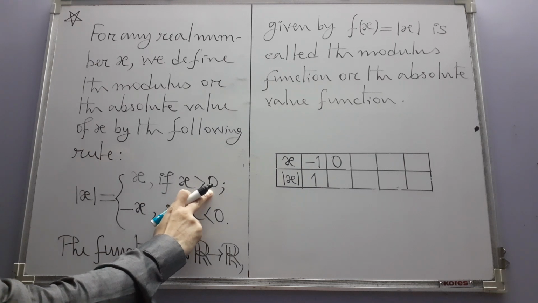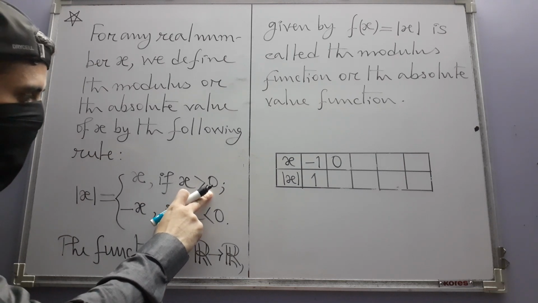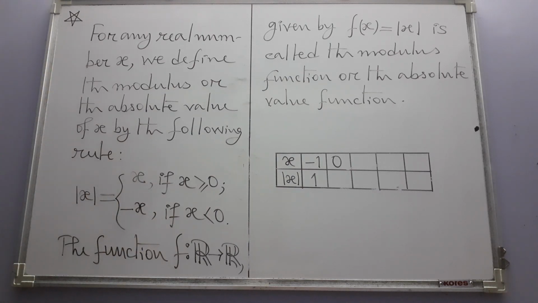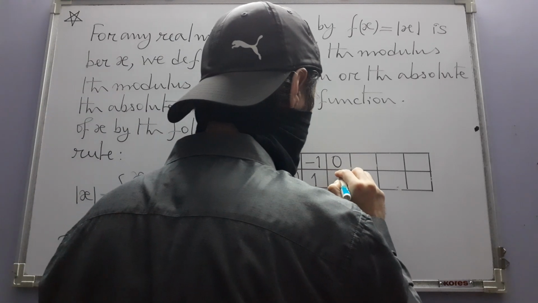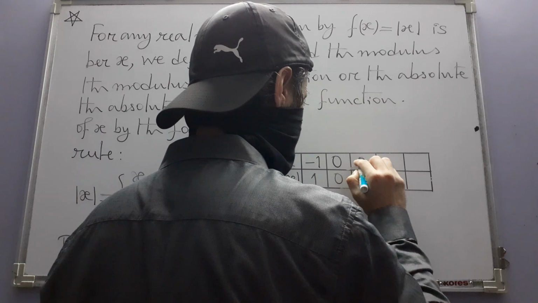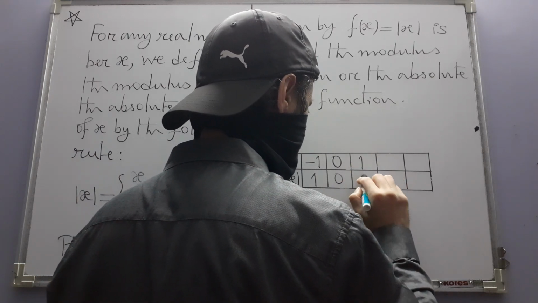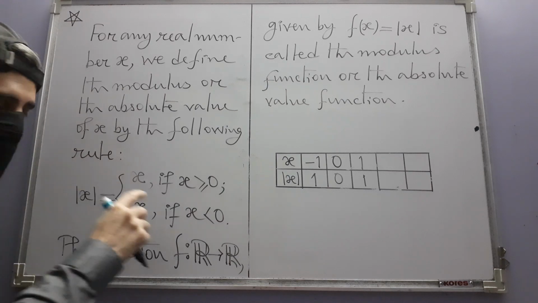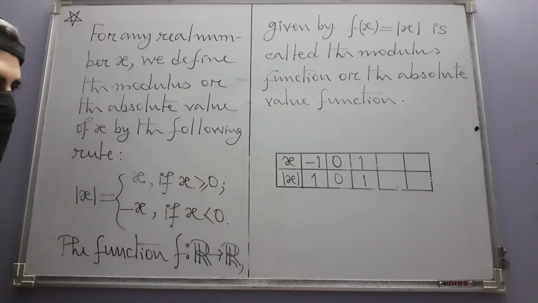Then I am in this region of the definition. So, when x is 0, the output should be x itself. That means 0. If I take 1 here, the output will be 1 because again I am here. My input is now positive.